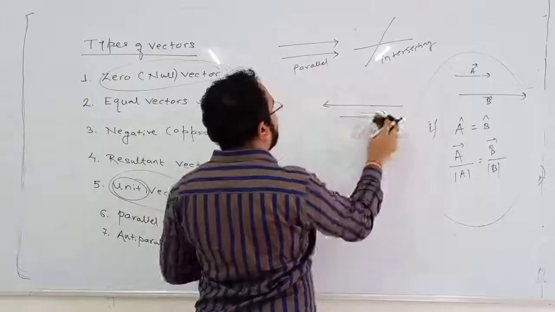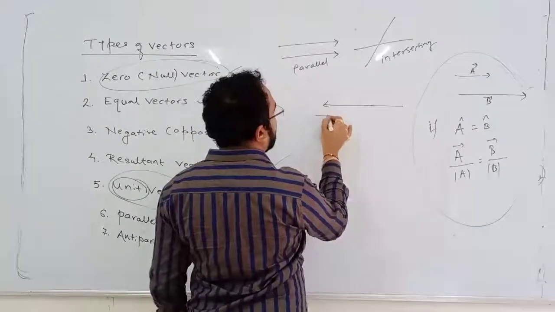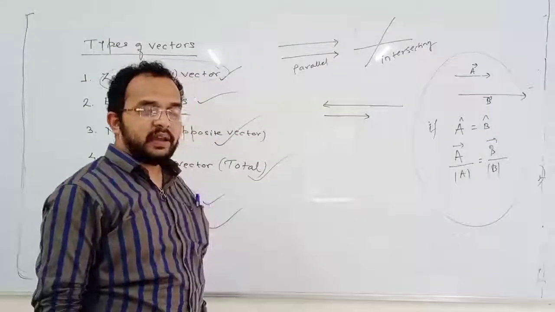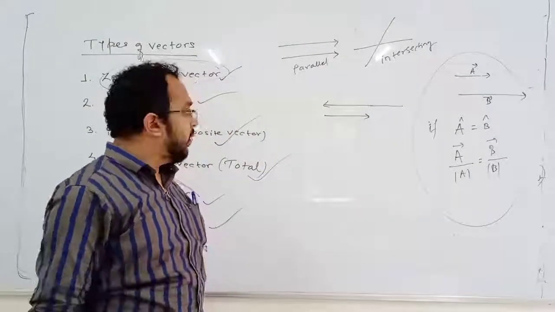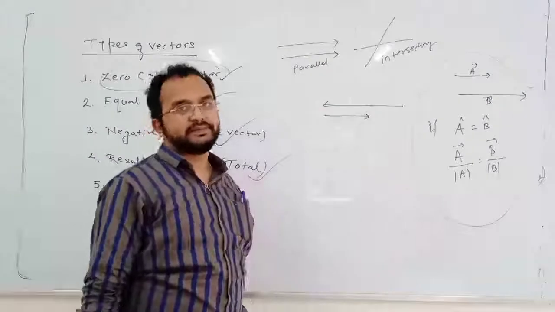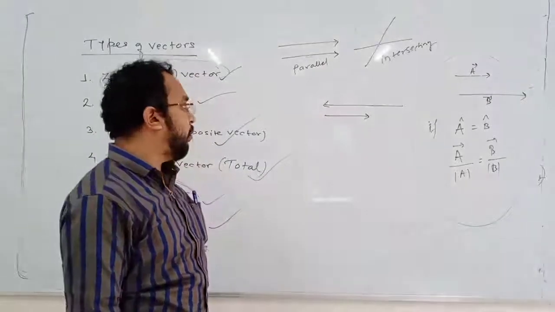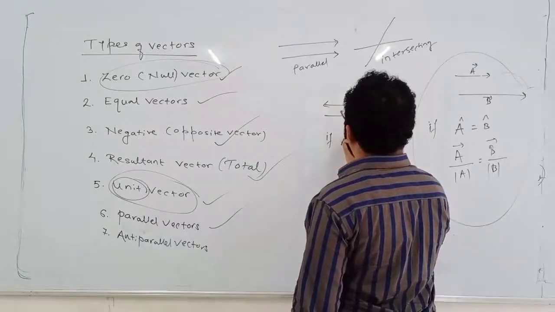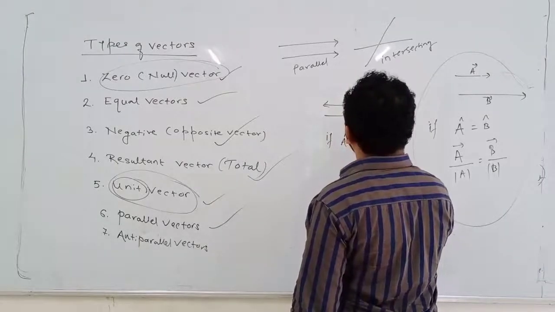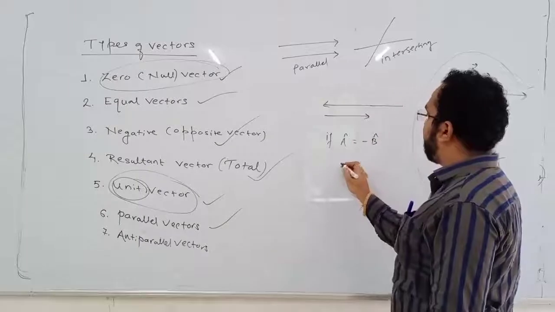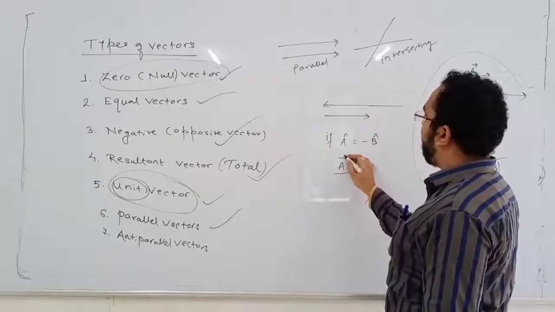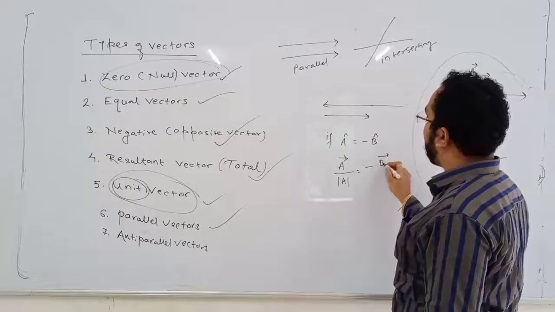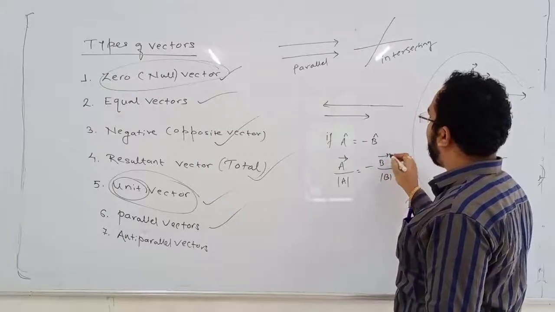This is anti-parallel. Actually they are parallel in mathematics, but the direction is opposite. So if A cap is equal to minus of B cap, that means vector A upon mod A is equal to minus of vector B upon mod B.